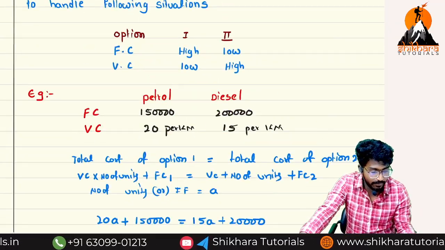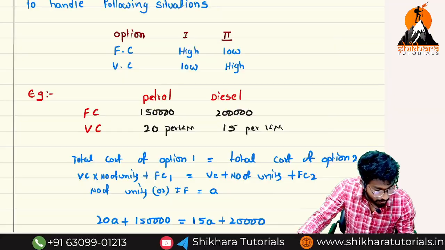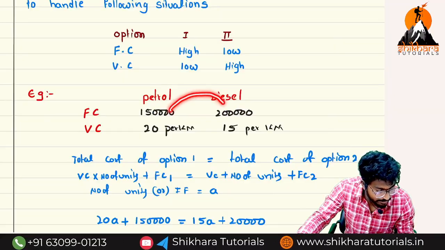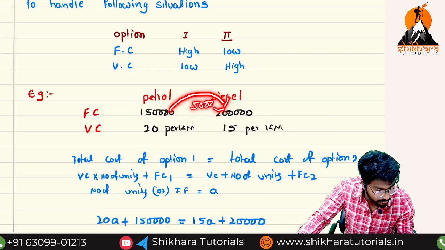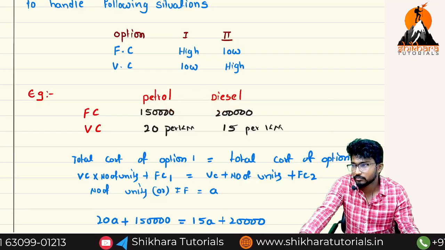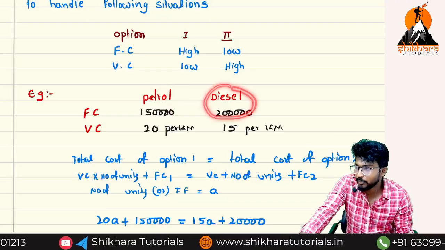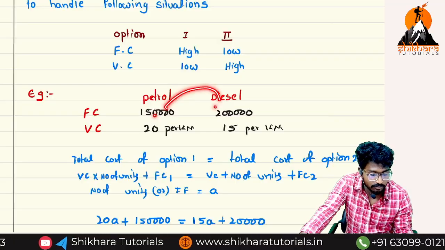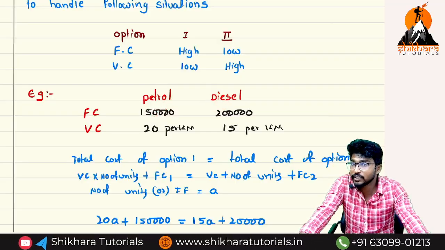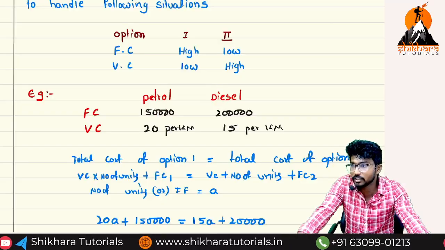Now if you see here, I am incurring an extra amount of 50,000 by choosing the diesel car over the petrol car. Extra 50,000 only, na?